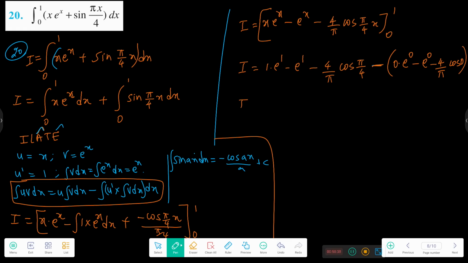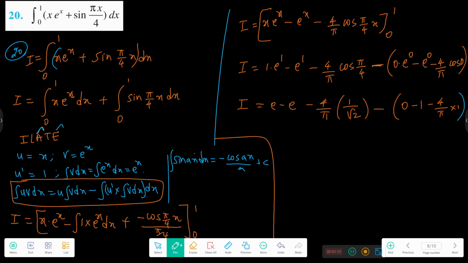Now what is this? I is equal to e power 1, means e, minus 4 by pi cos pi by 4, what? 1 by root 2, minus, when you multiply inside, 0 into anything is 0, and e power 0 is 1 but minus 1, so 0 minus 1, minus 4 by pi cos 0, also 1.